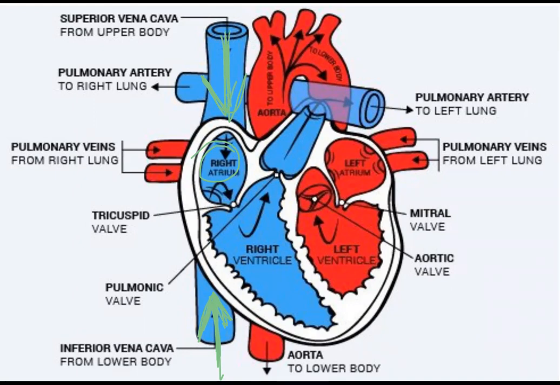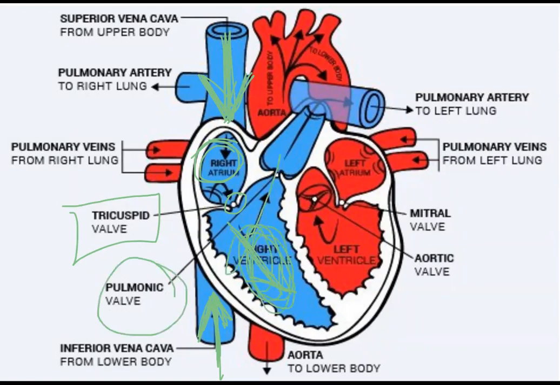So this blood comes back from the body to the right side of the heart. It goes to the top chamber, the right atrium, and from there it processes this little valve over here known as the tricuspid valve. Process the tricuspid, comes into the right ventricle, and from here it goes through the pulmonic valve.